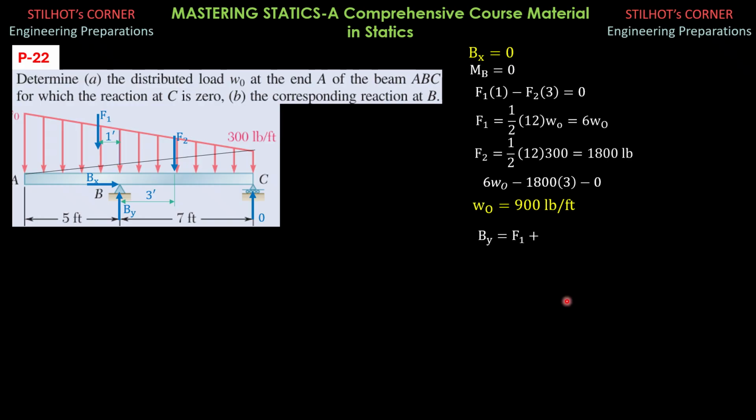So By equals F1 plus F2. F1 is equal to 6WO, 6 times 900, while F2 is 1,800. So By is equal to 7,200 pounds upward. So that's it for this problem.